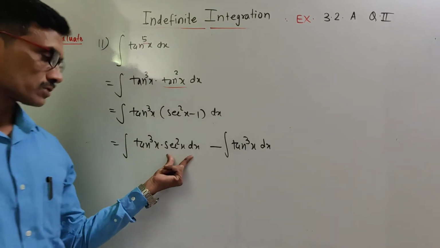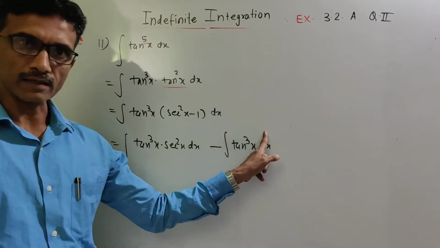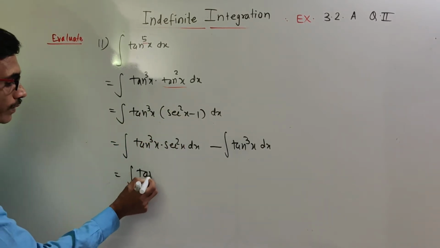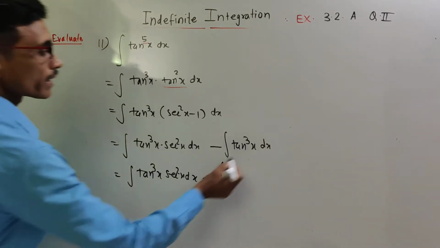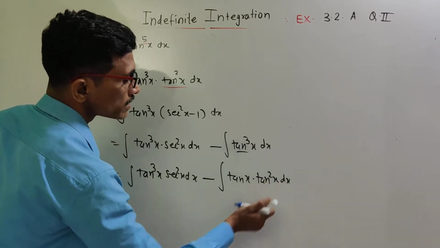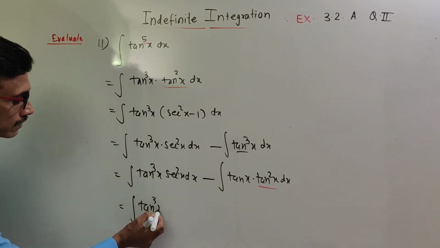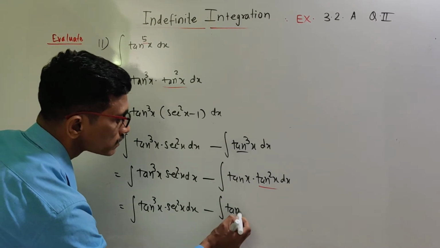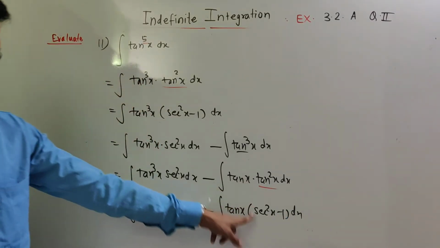If you substitute t, then dt will be, derivative of tan x is sec square x. But you can also write it back as tan square and tan, so that tan square will be written again as sec square x minus 1. Integral of tan cube x sec square x dx minus this we can write as tan x into tan square x dx, and this tan square x we write as sec square x minus 1.